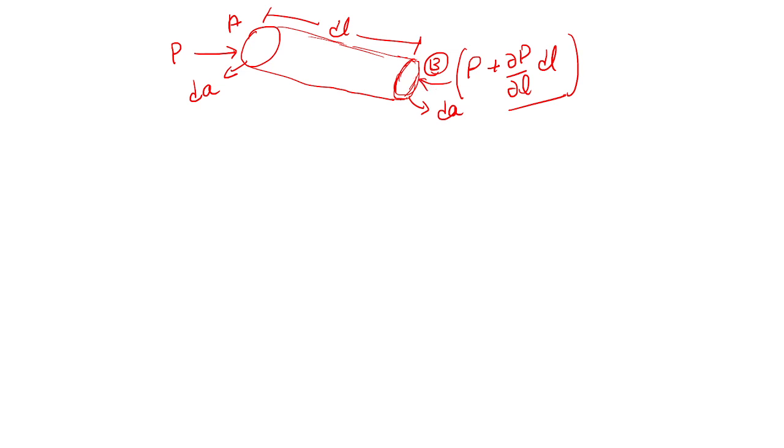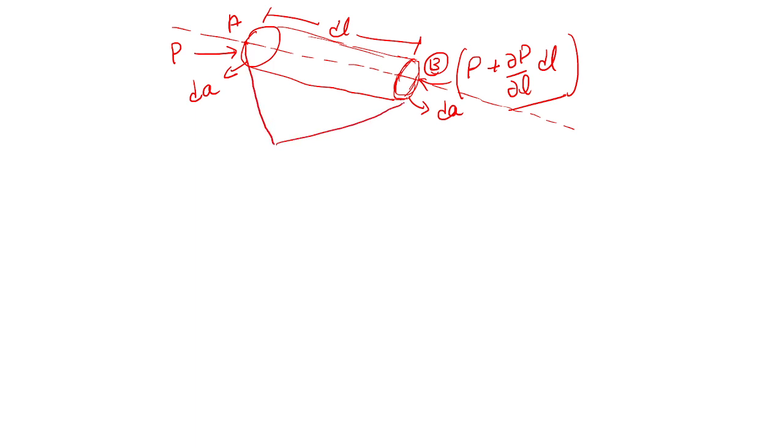So what is clear to us now? Pressure and length. What remains is the height. Let's say this is the direction of flow of the fluid. Let's say the height between A and B, the upper face and lower face.